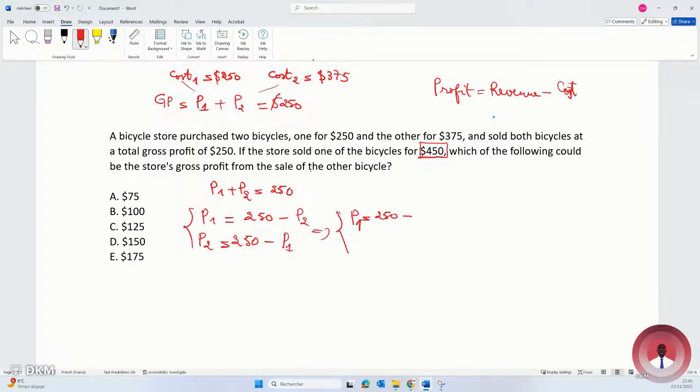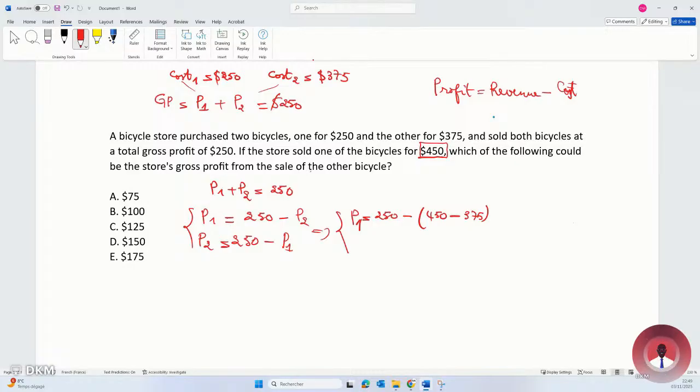So P2 here, if we suppose that 450 is the value of revenue for bicycle 2, then we are going to have revenue 450 minus cost 2, which is 375.